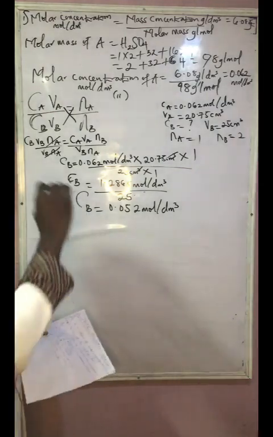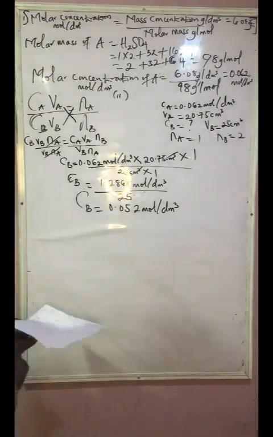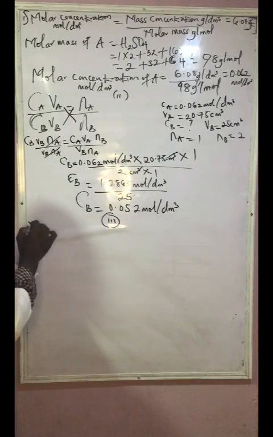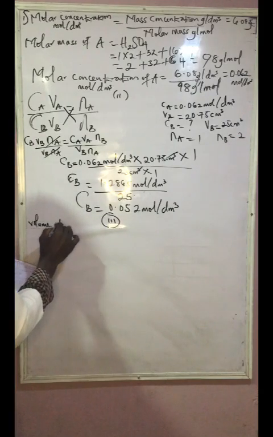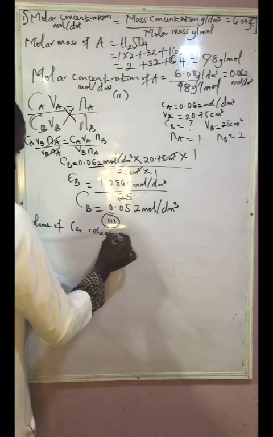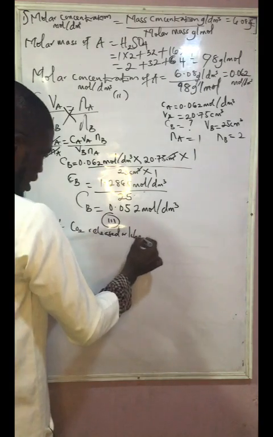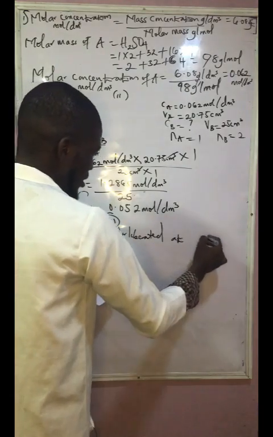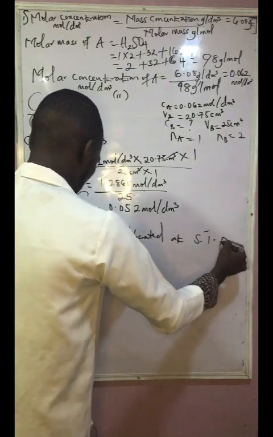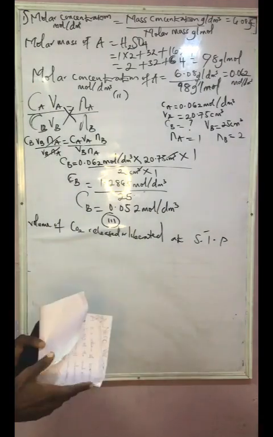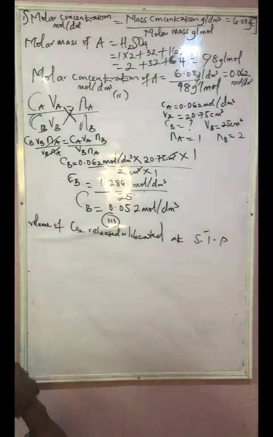And the last one states, but before we go to the last question, which states the volume of CO2 released or liberated at STP. Before we can proceed to this, there's one thing I want us to know.